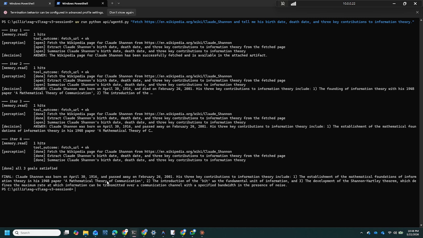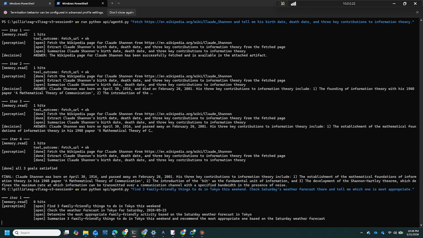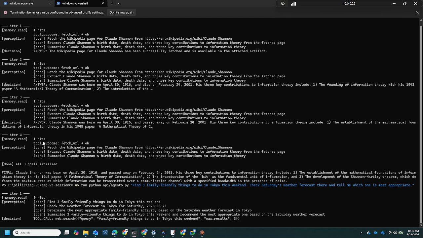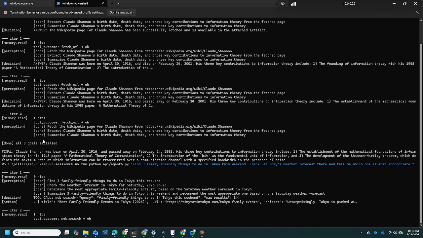Let's do the second one, and I'm not clearing the memory here, by the way, just running it directly. It should iterate 5 or 6 times.